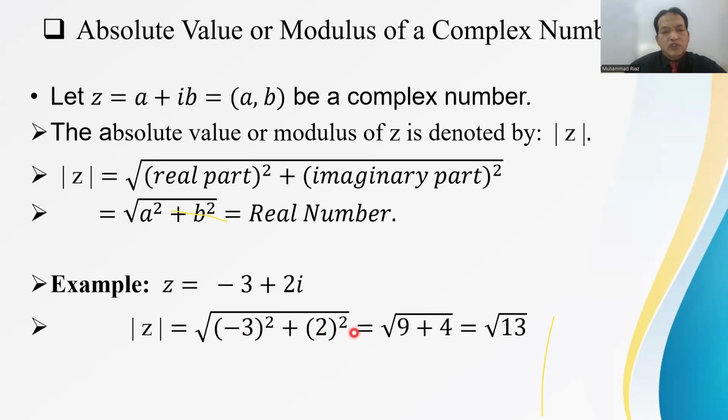This equals under root 9 plus 4, 13. So under root 13 is the real number answer of the absolute value of a complex number.